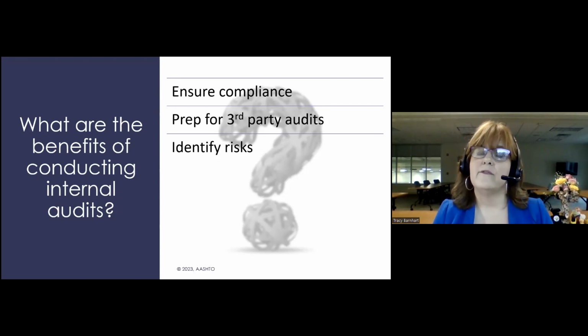Here's another one, identifying risks. When you're doing an internal audit, you can really hone in on problem areas. Maybe you're missing some calibrations, your test reports are incomplete, training has been a little bit inadequate. And you can figure out how to fix these things before they cause bigger problems down the road to your business.